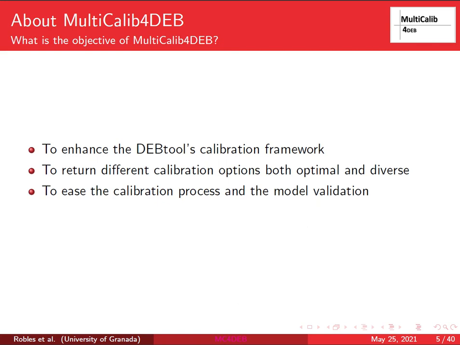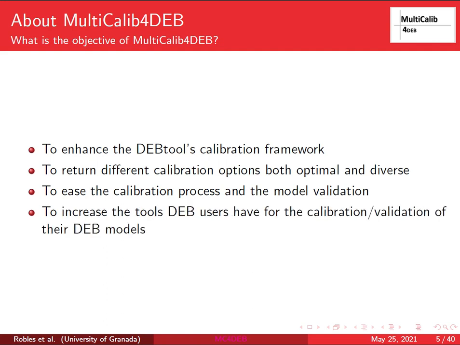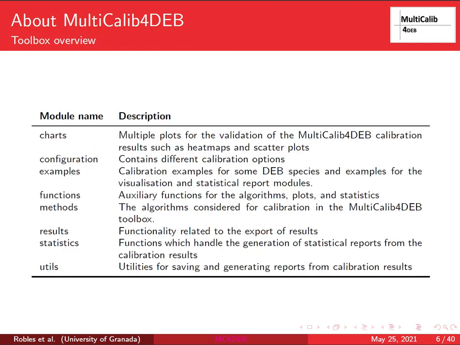As previously mentioned, MultiCalifor Dev completes the calibration process with some additional modules which allow us to statistically analyze the calibration results and to visualize some relationships between the calibration parameters from the final calibration results. Here is a table with all the modules that make up the MultiCalifor Dev toolbox.